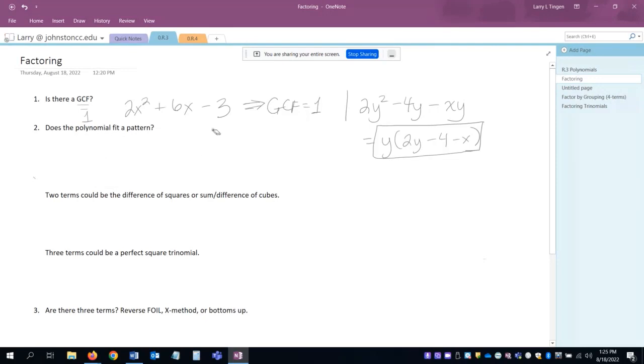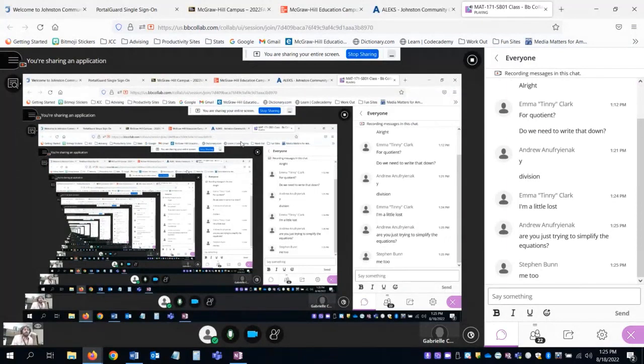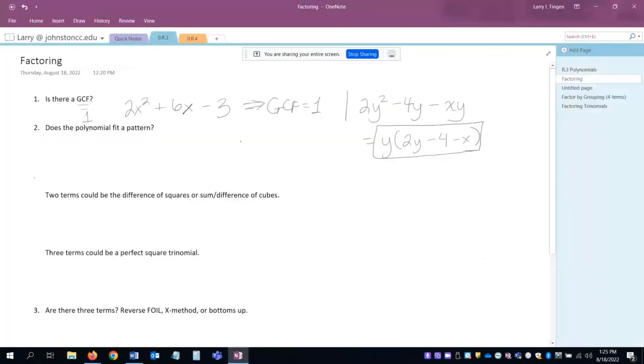All right. So the question here is, if I give you a polynomial, how do you factor it? Yes, okay, Stephen, this is good. What I'm trying to do is factor the equations.